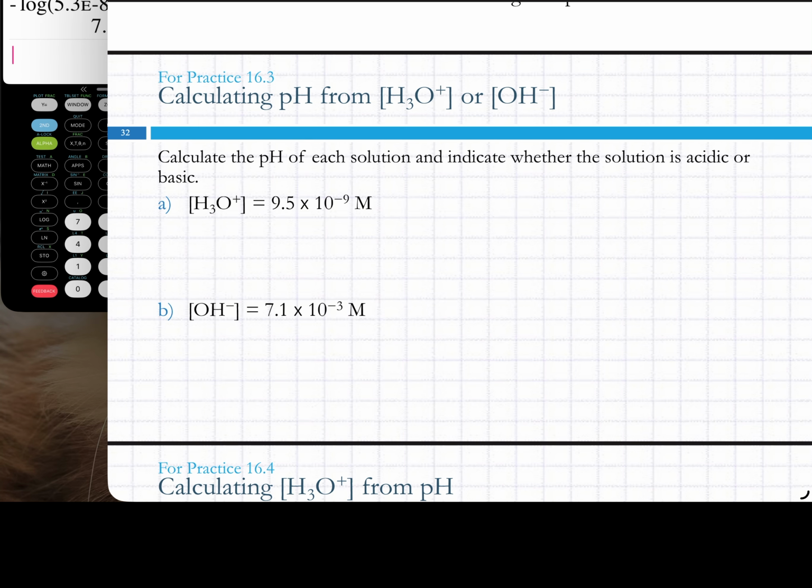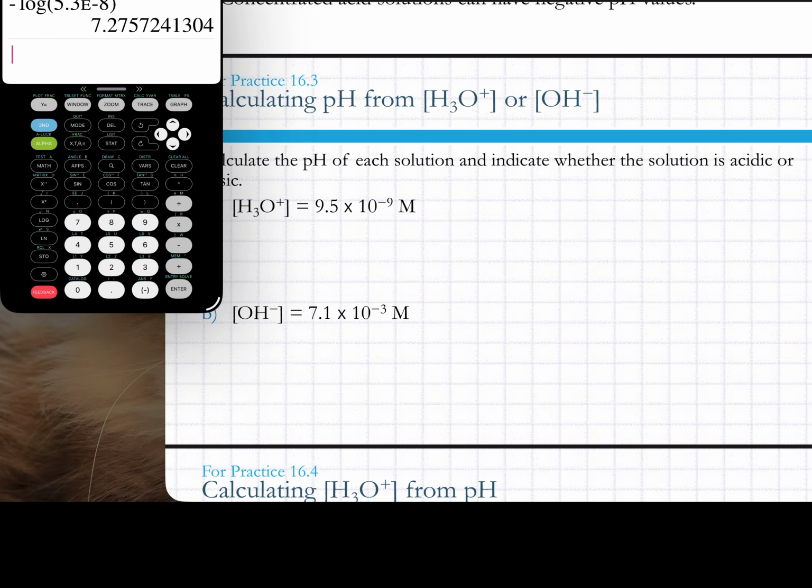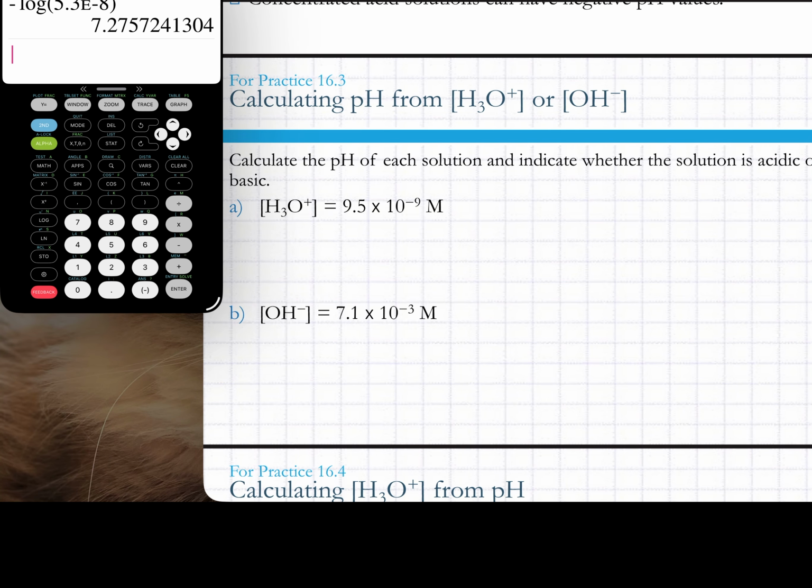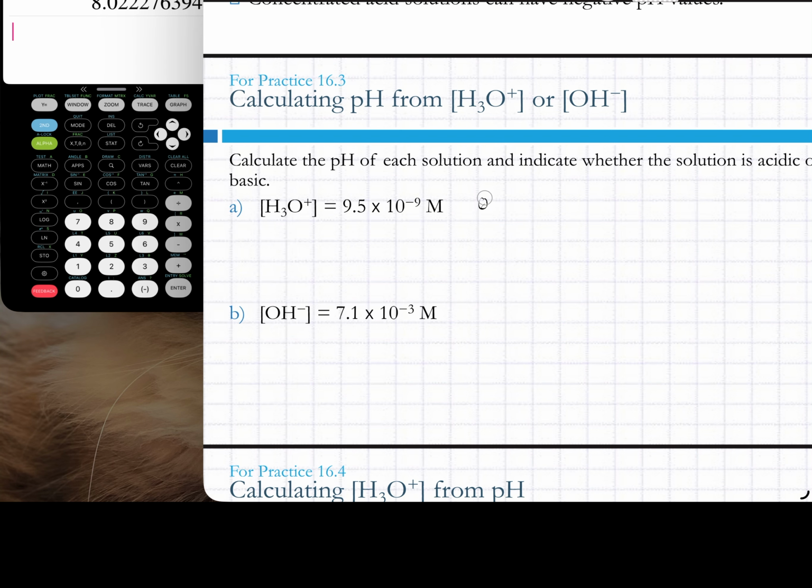Okay, so calculate the pH. Indicate whether it's acidic, basic, neutral. So negative log 9.5 e to negative 9. 8.02.